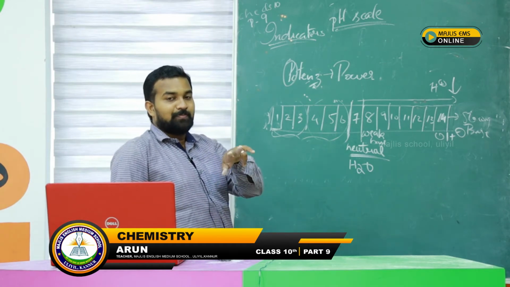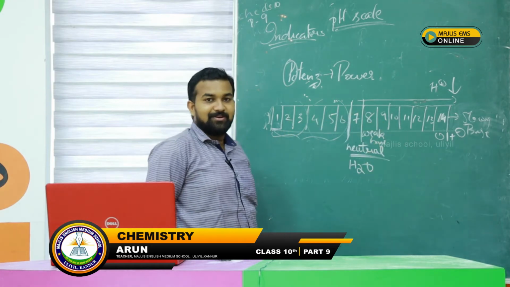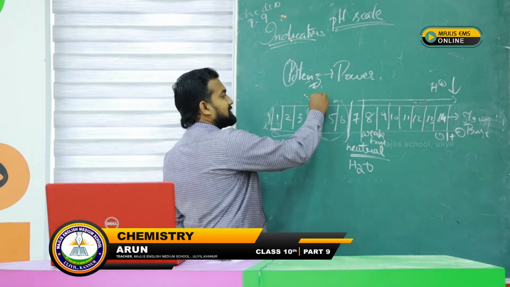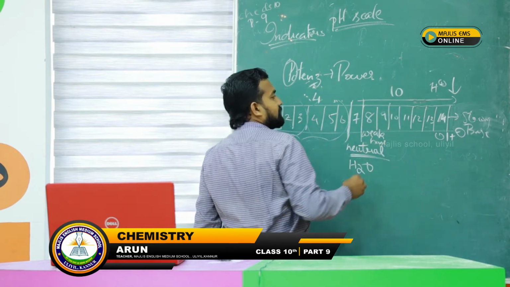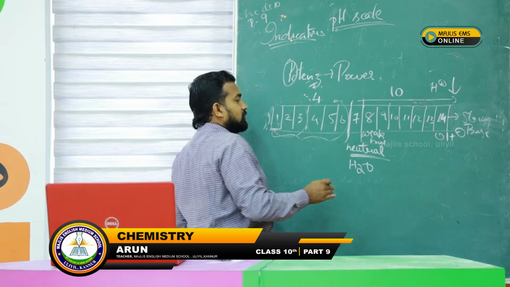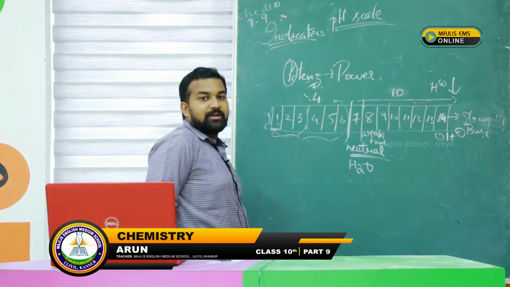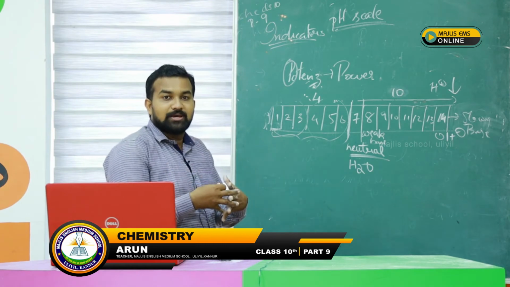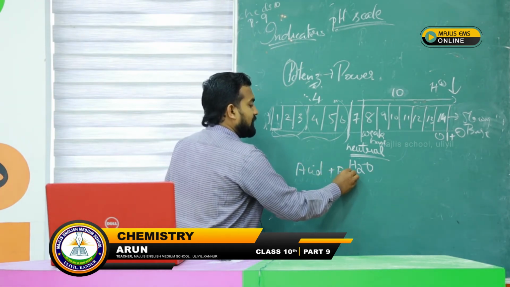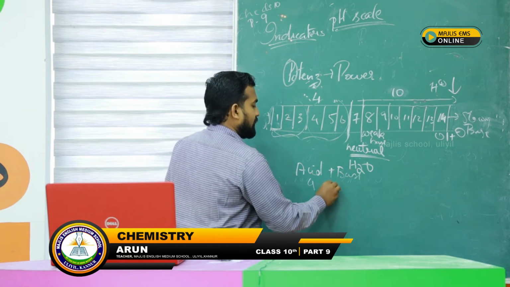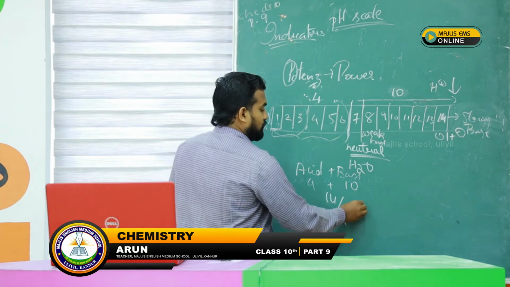So I have told you before, when an acid is reacting with the base, for example, if an acid has pH value 4 and a base has pH value 10, what will happen? If we combine acid plus base, 4 plus 10, that is 14 divided by 2, what will we get?